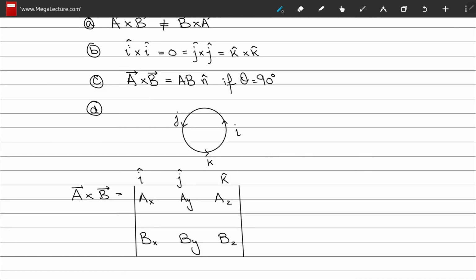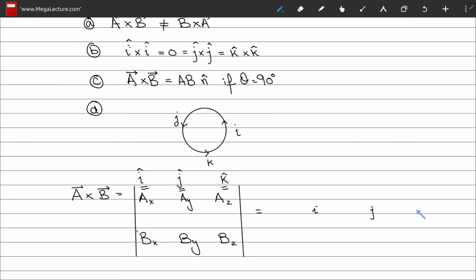So now finally, suppose that if I were given two vectors A and vector B and I were to compute this cross product, how would I do it? Well, we have this trick where you take the determinant of something like this, where you have the x component of vector A under this i hat, and you have y component of vector A under j hat, and you would have z component of vector A under k hat, and likewise you would do for vector B, and then you would simply compute the determinant of these vectors, and whatever answer that you get, you would have these i, j, and k with it, right?